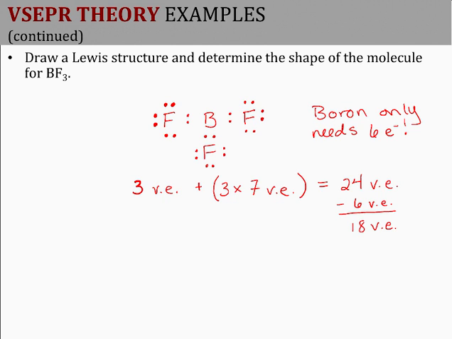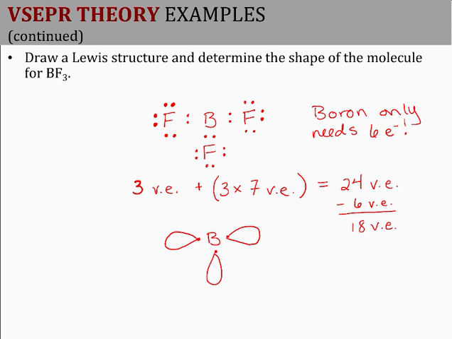And part of the reason for that is if we look at the Lewis symbol for boron, it has 3 valence electrons, so it's okay just making 3 bonds. It doesn't really need to make any more than that, and in some instances boron will take on more electrons, but it's happy just having 6. So this is another one of our exceptions.